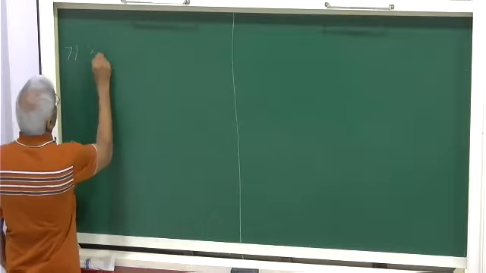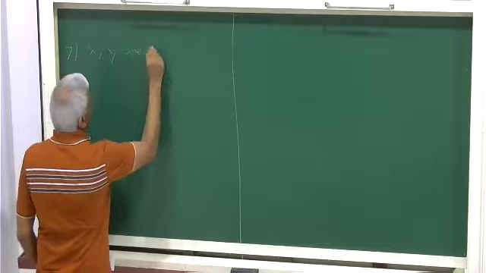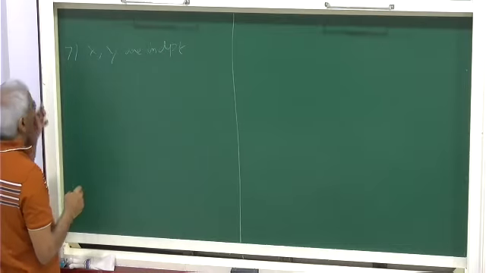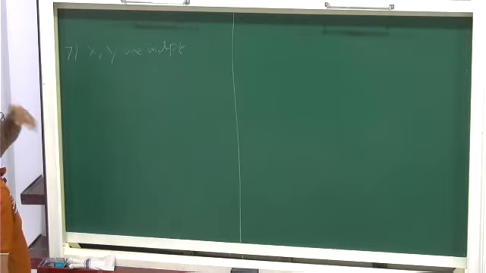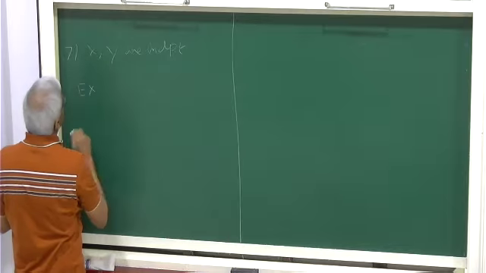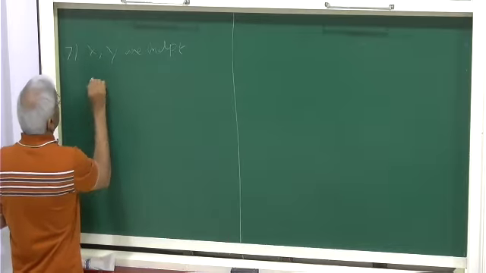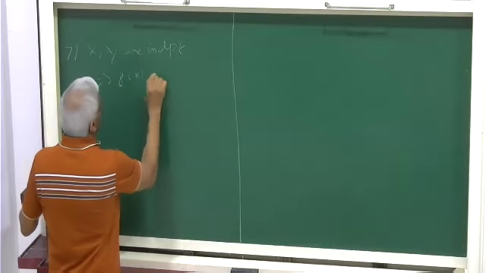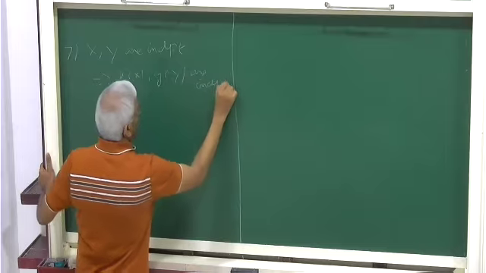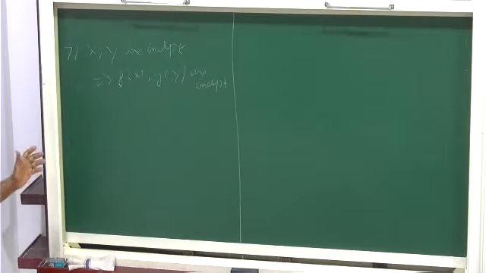So X, Y are independent. We have two independent random variables. Then we want to prove that this implies f of X and g of Y are independent. So it's enough to prove that for two independent random variables, the expectation is just the product.